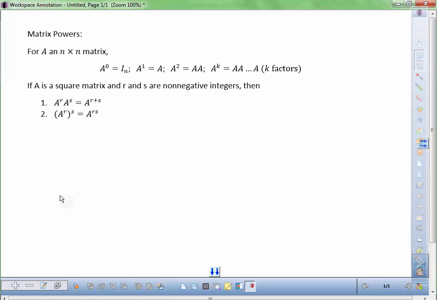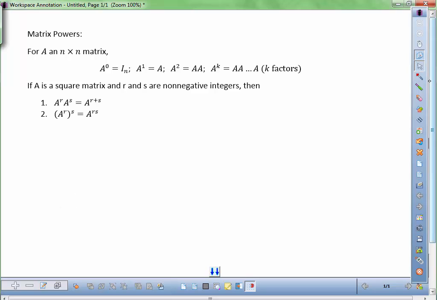But there are going to be times later on where the commutativity might make a difference. But for now, let's talk about matrix powers, multiplying matrices.